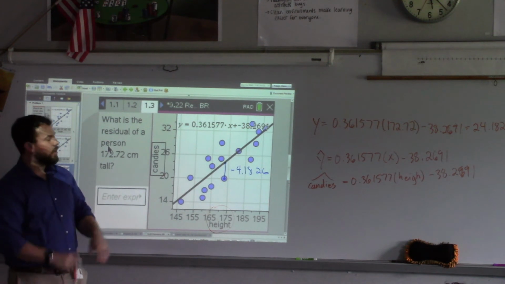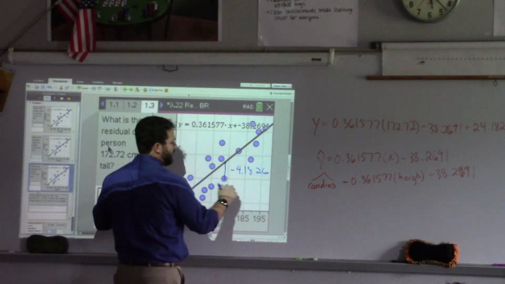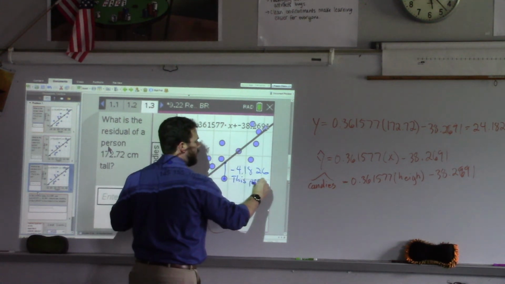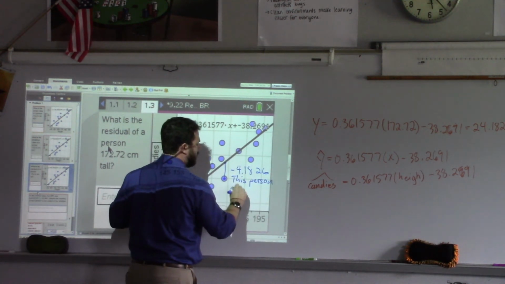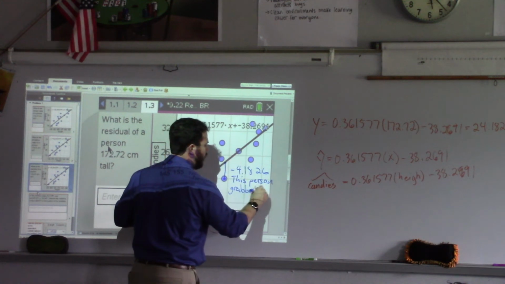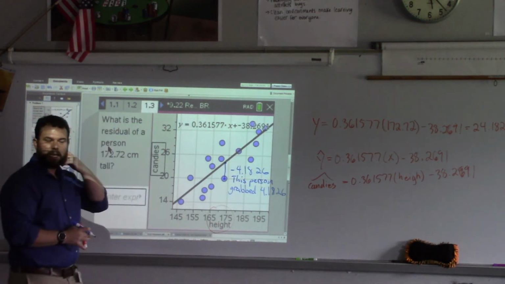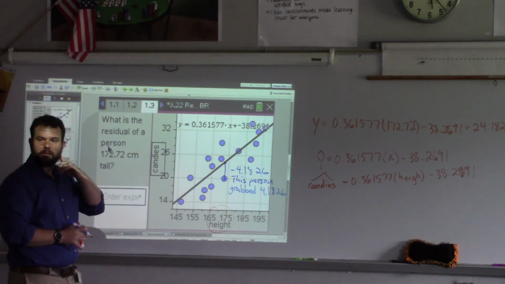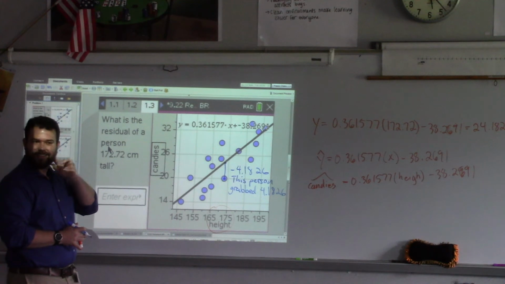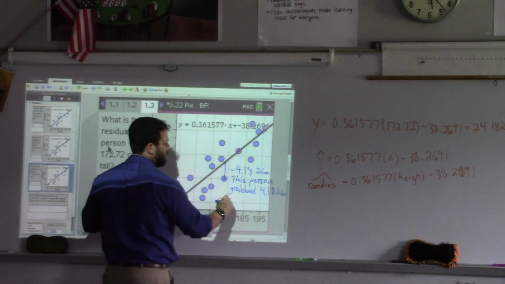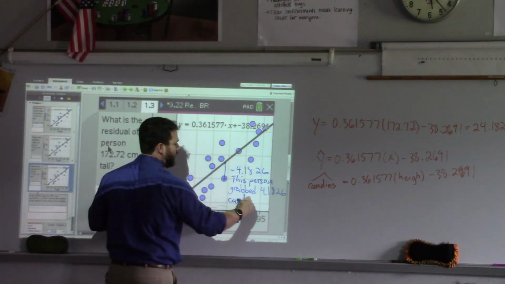This is telling me that this individual, this person, grabbed 4.1826 candies, what? Hat. Did they grab 4.1826 candies? No. You said it's below the line, right?